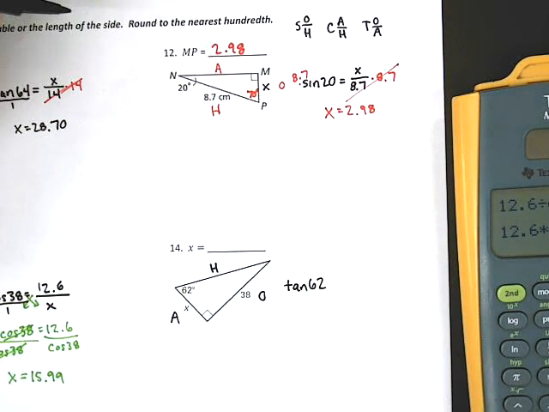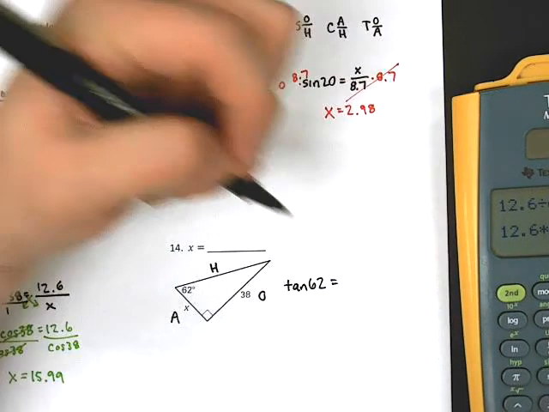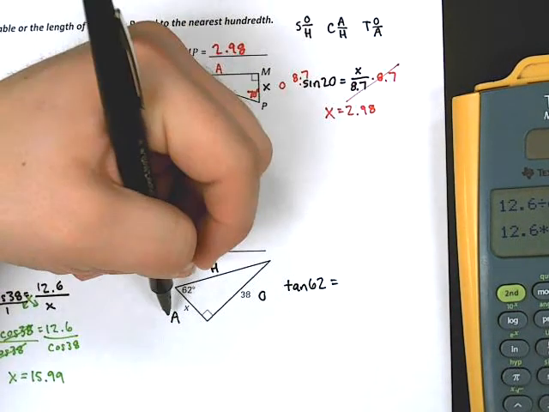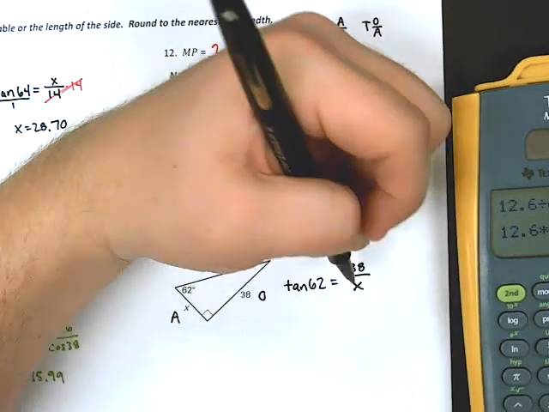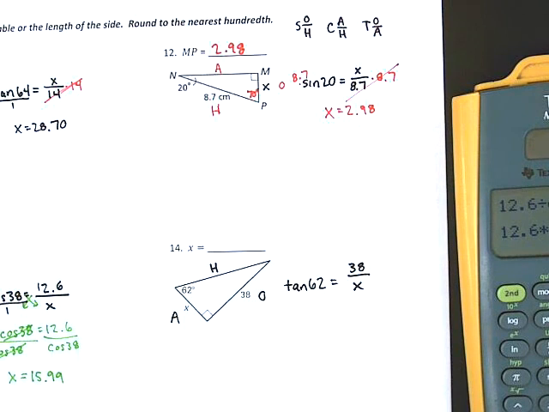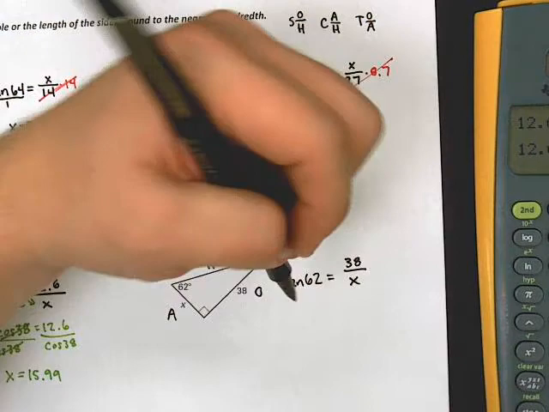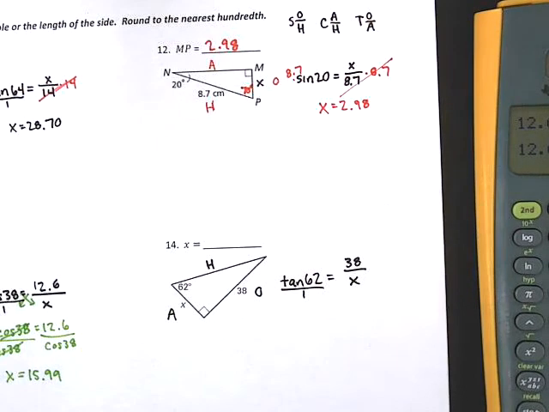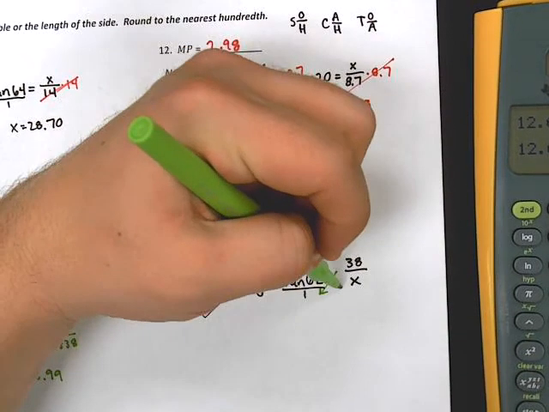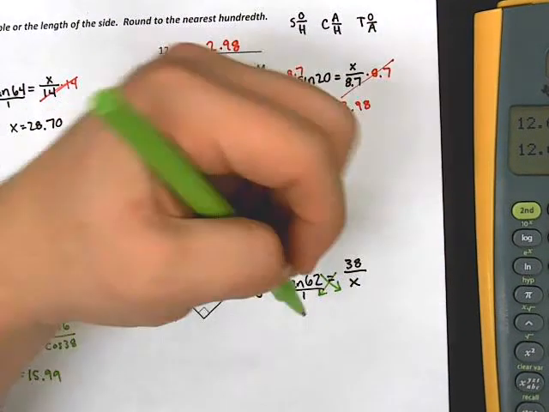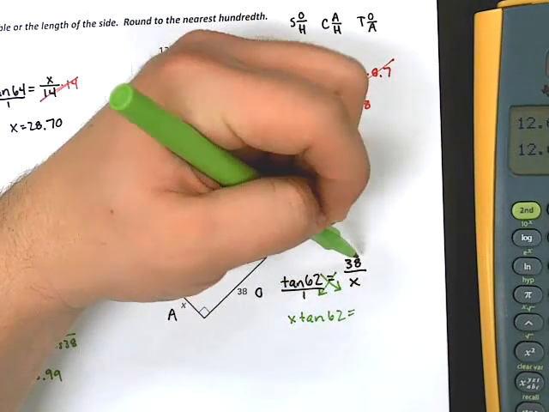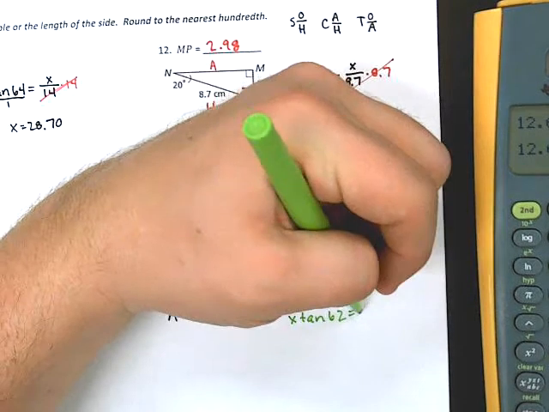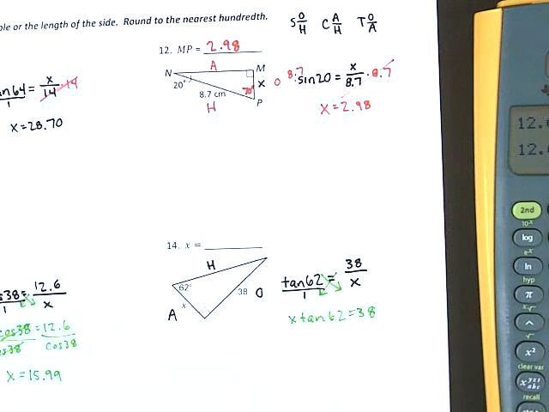Tangent of 62 is going to equal opposite over adjacent. 38 over x. Oh, this is another one like that. I think I need to cross multiply. So I'm going to put it over 1. And I'm going to cross multiply, which means I'm going to have x tan 62 equals 38. Easy enough.